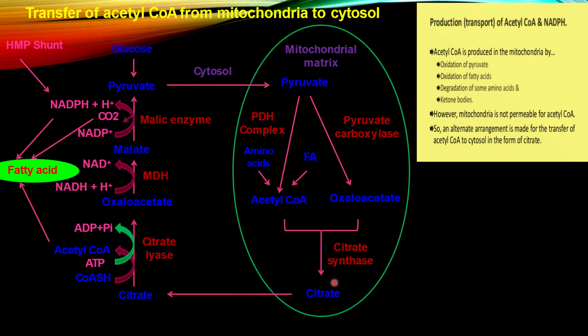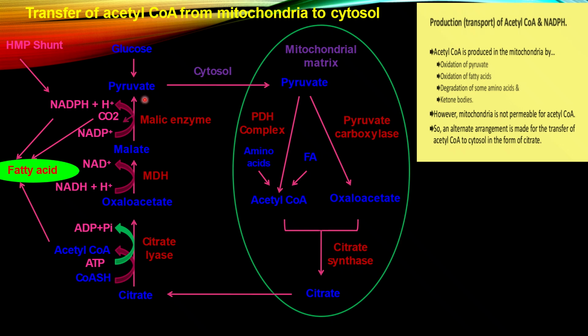Some of the citrate which is going into the Krebs cycle, the citrate is coming out of the mitochondria. Here citrate is converting to oxaloacetate and further to malate, and this malate via the malic enzyme can be converted into pyruvate.